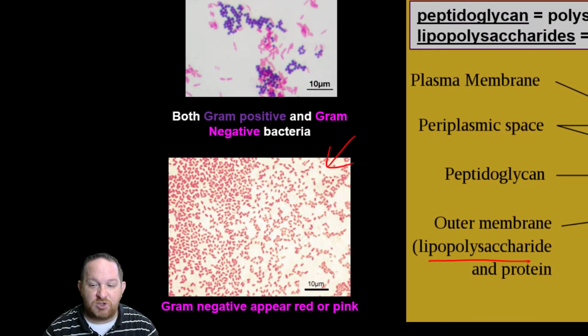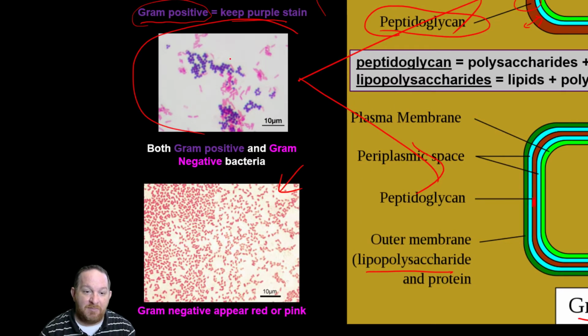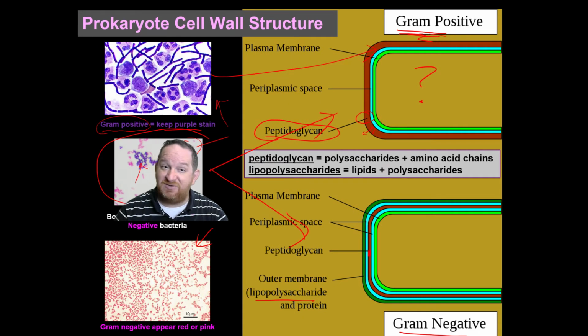These appear reddish or pink. So this immediately lets us know, is it gram-positive or gram-negative? On this center diagram, you can see we've got some gram-positive, the purple, and also some gram-negative. So if we wanted to isolate these and further study the gram-negative, we'd know where to look. And if we wanted to do the same with the gram-positive, we could isolate them and do some further studies on them. So this is really just a way for us to classify and help determine what kind of bacteria we're dealing with.